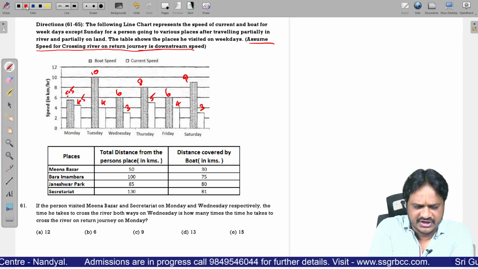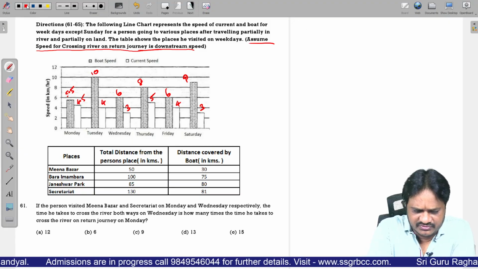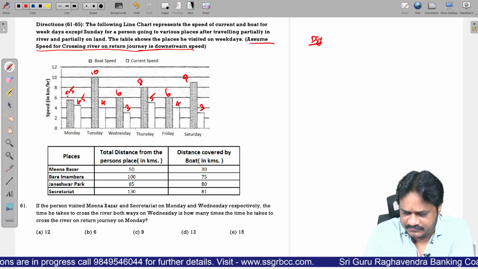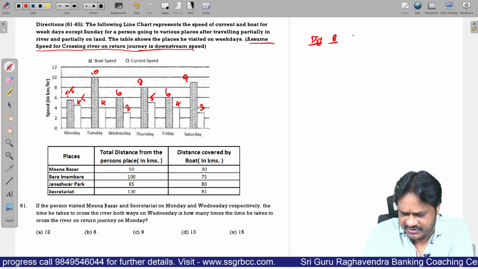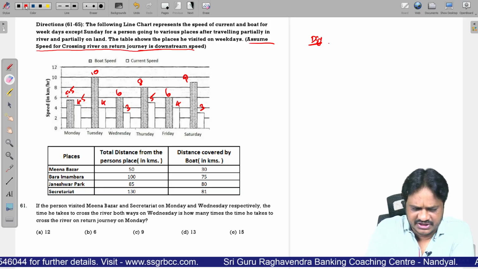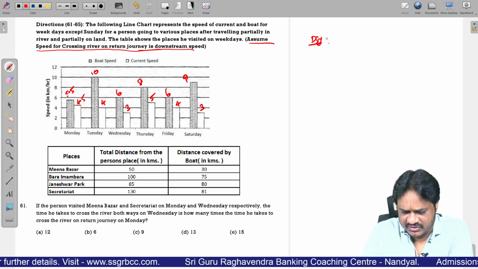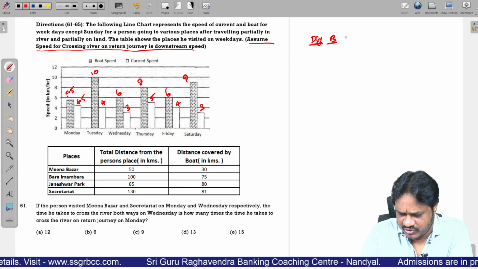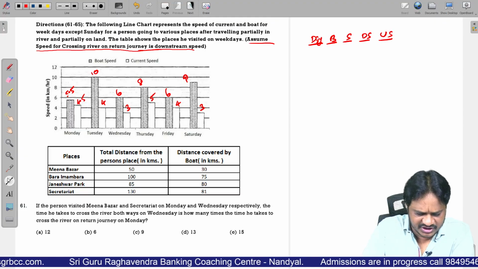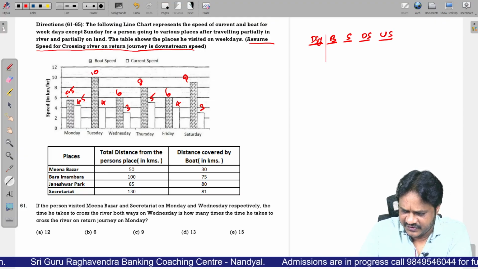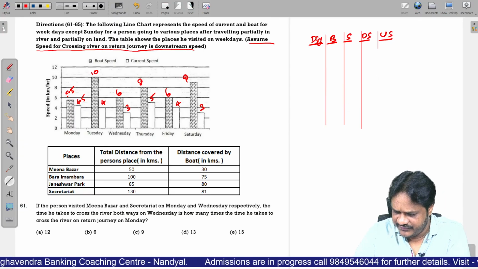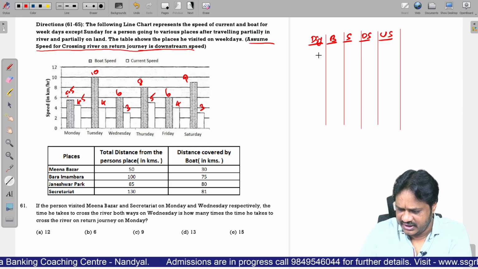So we can draw one table. It will be very easy for you. So first one is day. Next one is boat speed, stream speed, or else we can directly take upstream and downstream. Boat, stream, downstream and upstream. So we are drawing one table like this: day, boat, stream, downstream and upstream.